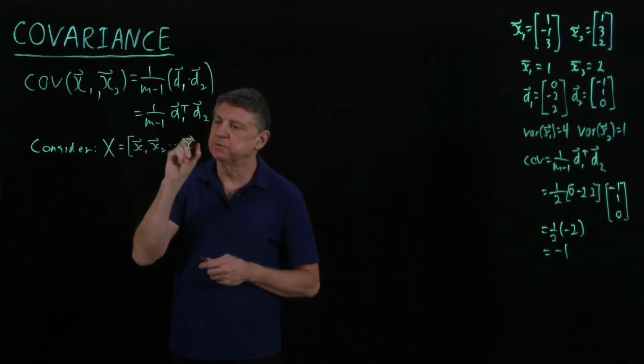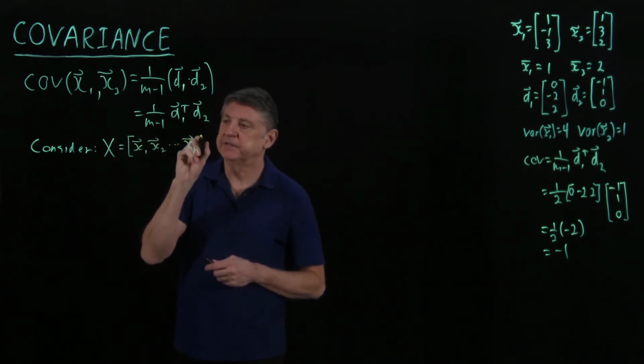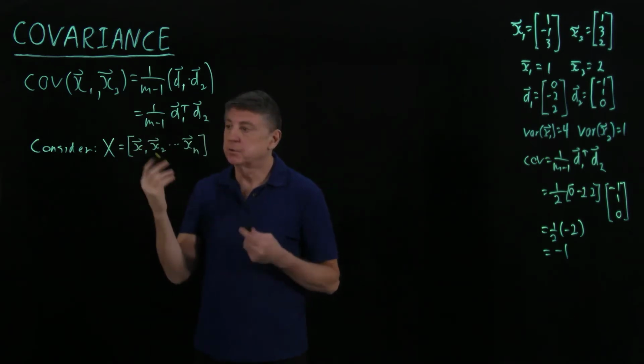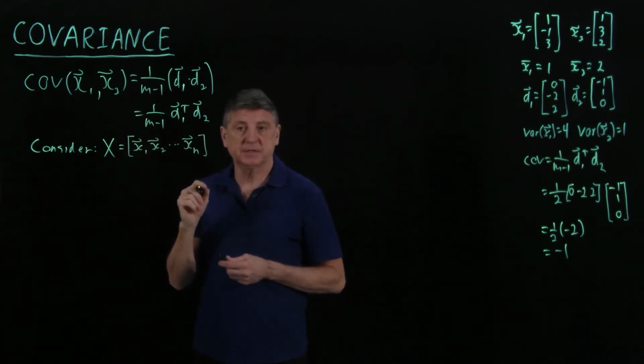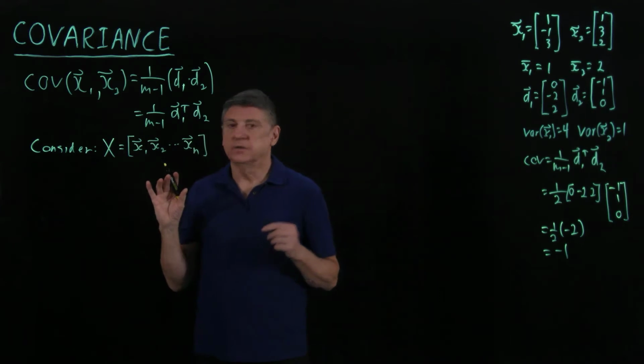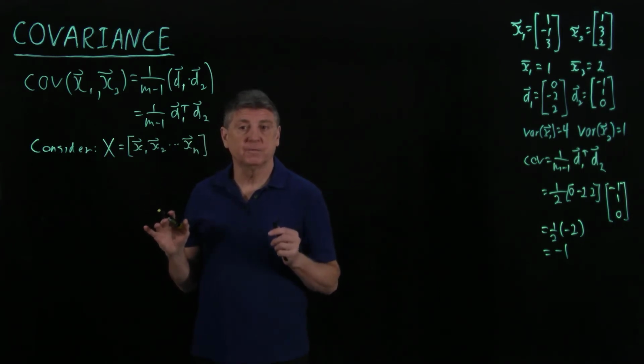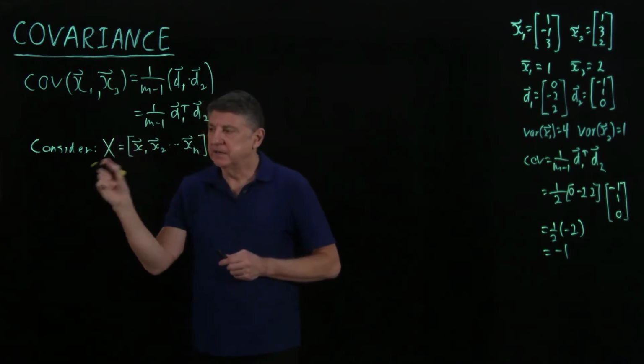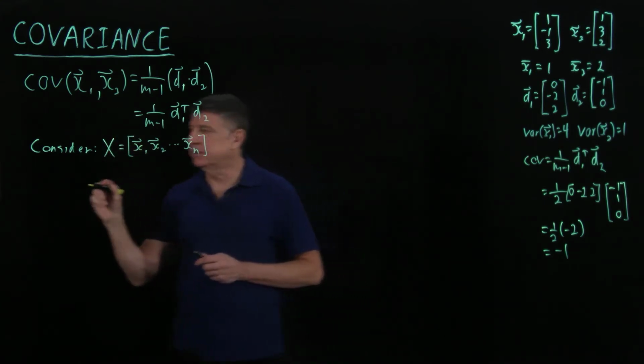Let's suppose that we have n of these data vectors, and each one of them has m entries. So this is going to be an m by n matrix. And the question is, what are the covariances? So we could write the covariances in a detailed manner.